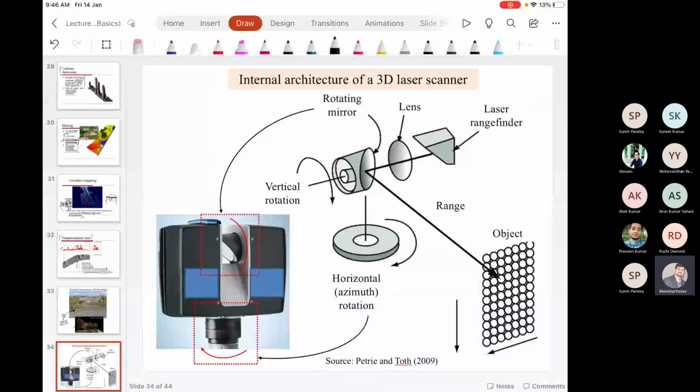Okay, here you can see the internal architecture of the 3D laser scanner. The first component is the laser range finder.